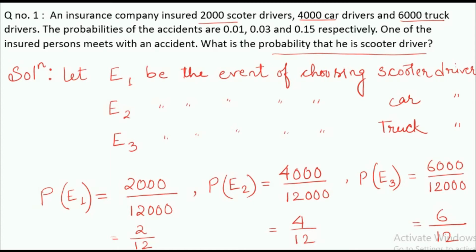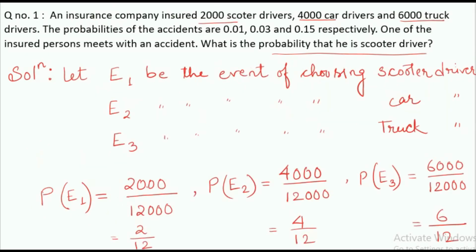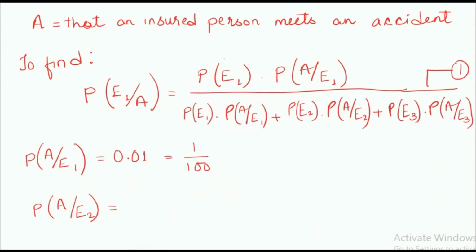You can see the probabilities of the accidents are this, this, and this. So it is 0.01, that is 1 by 100. Now the probability of a car driver: we choose a car driver and then see what is the probability he meets an accident. It is given as 0.03, that is 3 by 100.